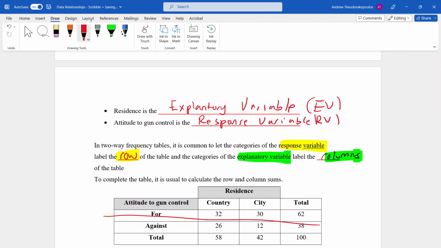Okay, so the rows are for and against, and the columns are the explanatory variable. Okay, so explanatory variable is for residence, and the response variable is for the attitude to gun control. Okay, so always make sure that columns, and sometimes I get confused which one's columns and rows, but columns are the ones that go up and down, so these ones, and rows are the ones that go across.